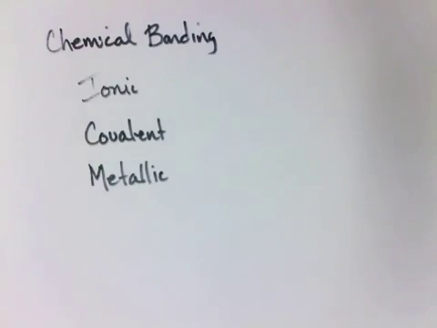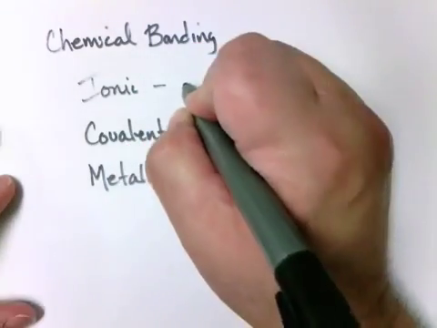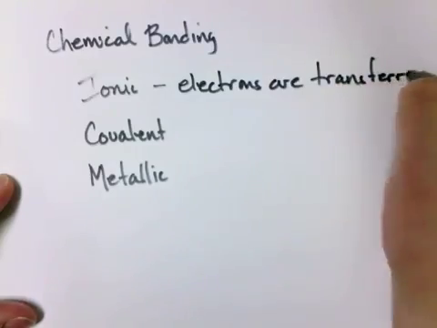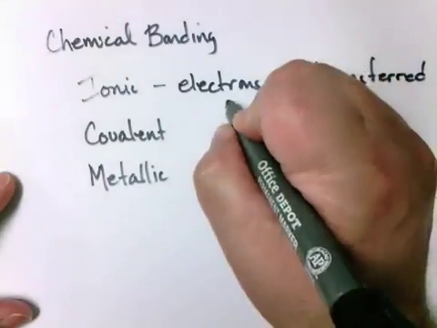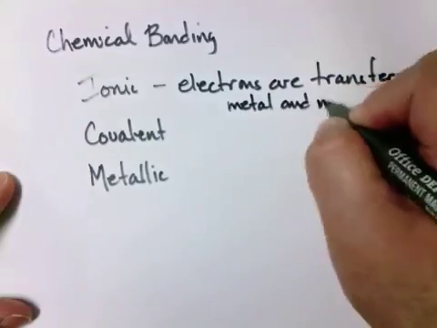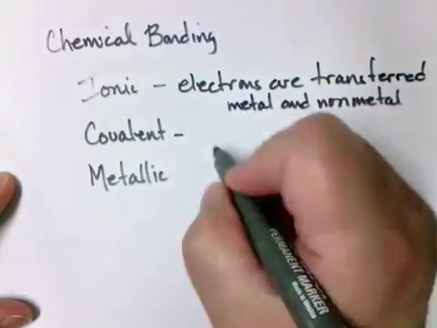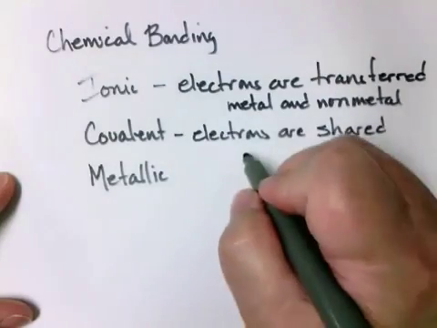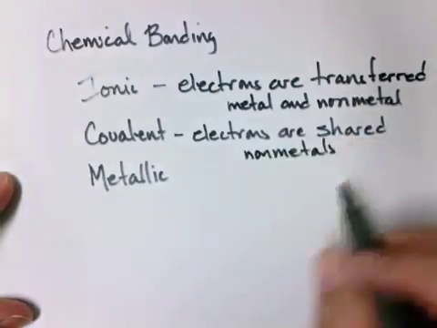Instead, there can be aspects of both. But generally, this is what happens. In ionic bonding, electrons are transferred, and this typically occurs between a metal and a nonmetal. In covalent bonding, electrons are shared, and this usually occurs between nonmetals.